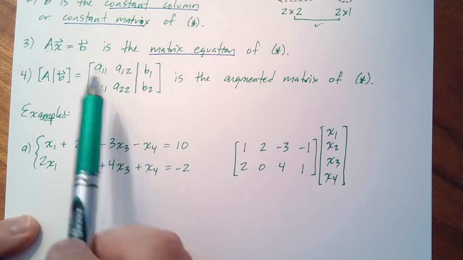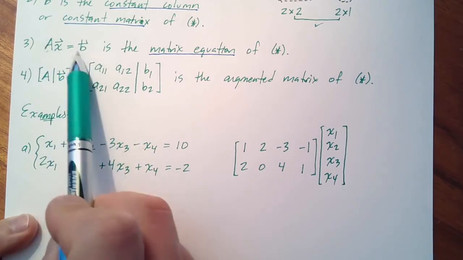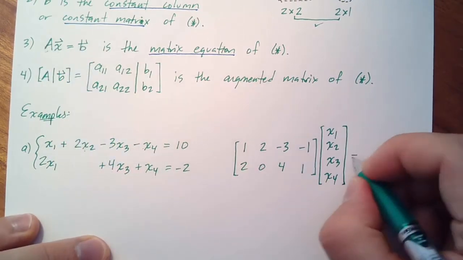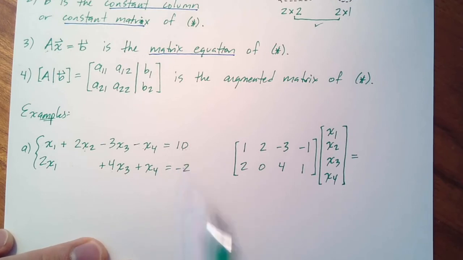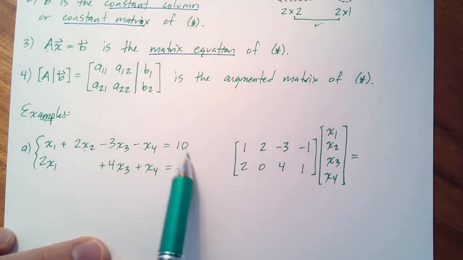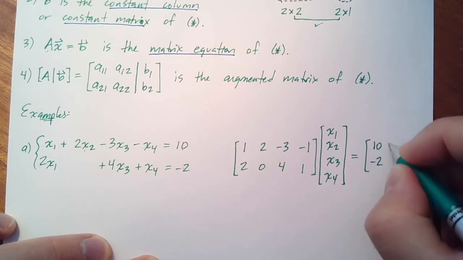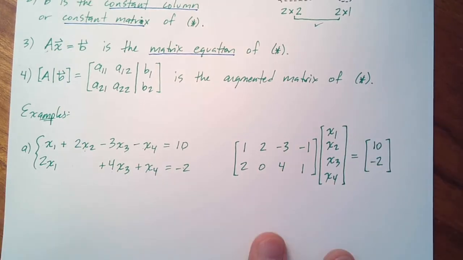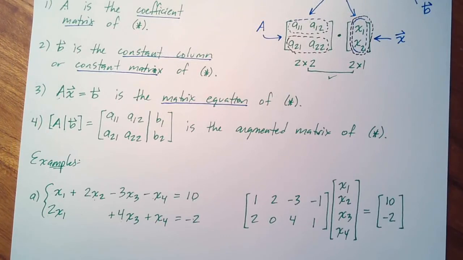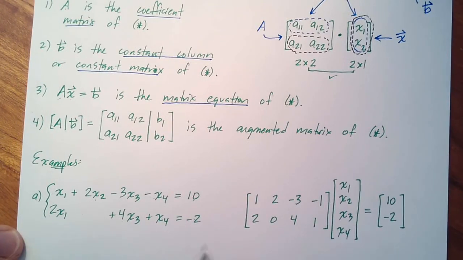And then that's the left-hand side, equals the constant column. The constant column will just be the 2 constant terms put together in a column matrix. So this will be a 2x1 matrix with entries 10 and -2. So that's the idea here.